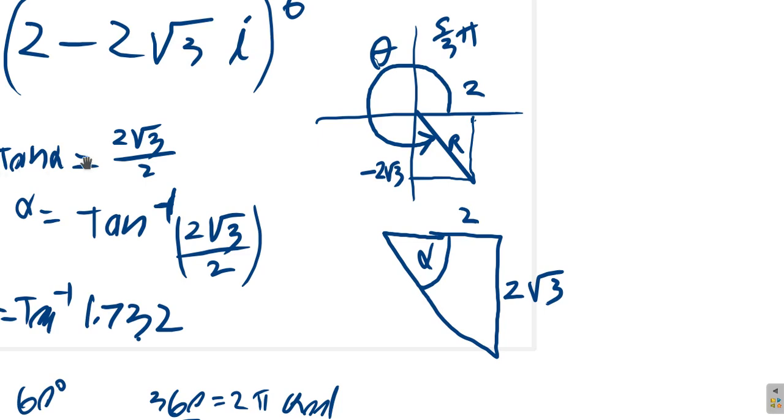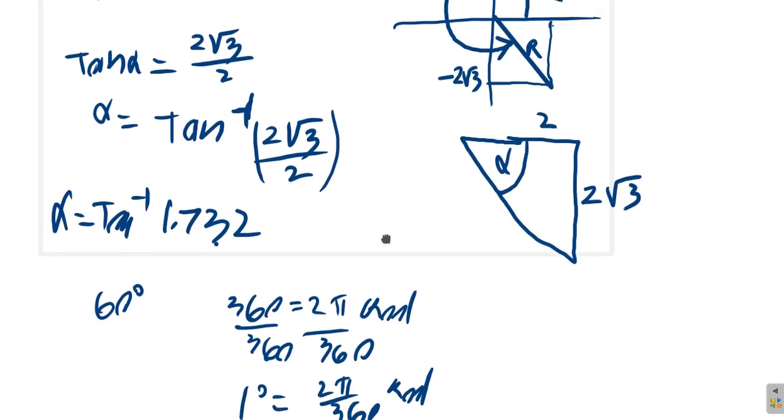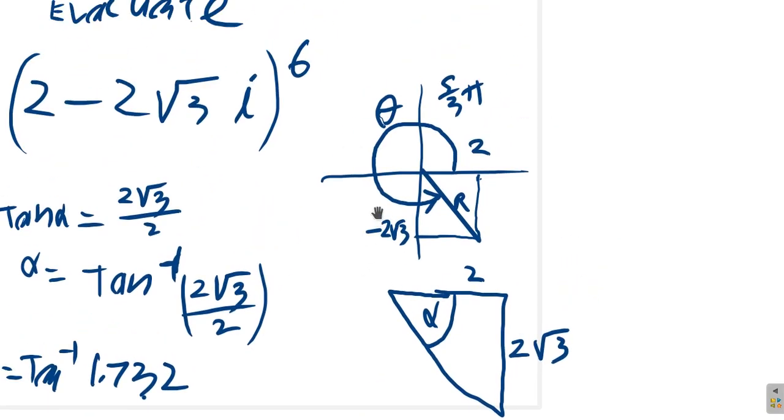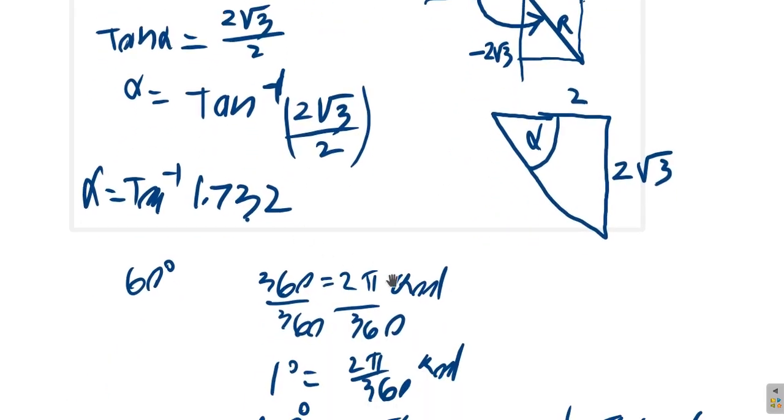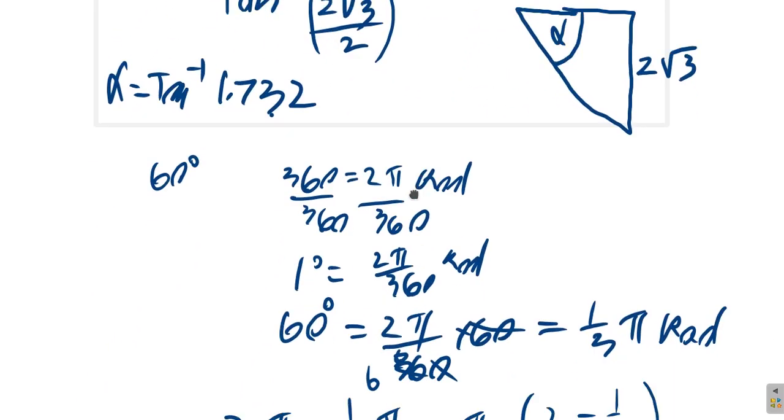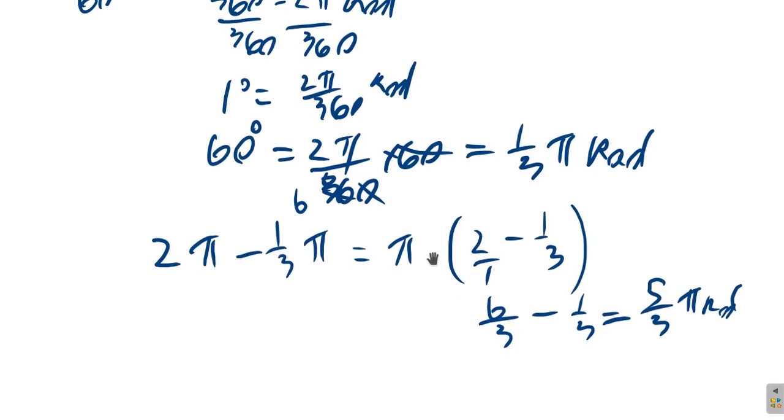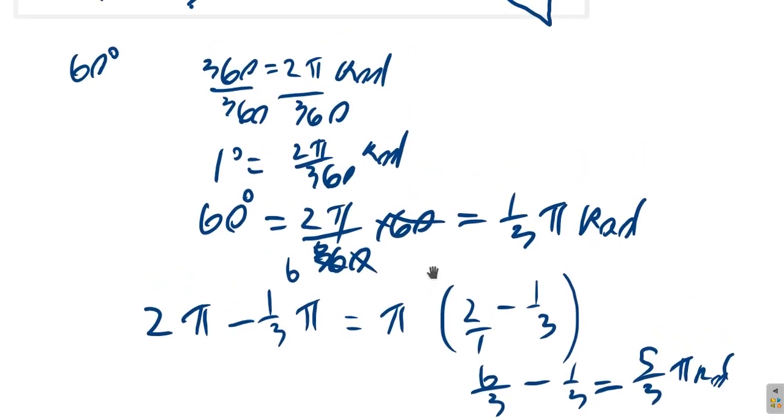I'm just imagining that you are asked to work it out in radians, right? If you have a calculator, just put it in radian mode, find the tan inverse of this, and you would get 1/3 pi, which is the same as pi over 3. You should get 1.047 something.